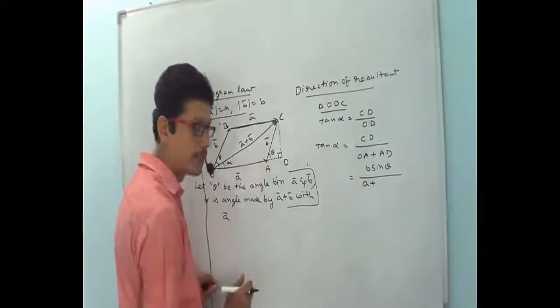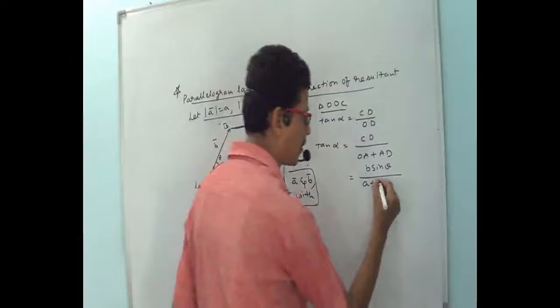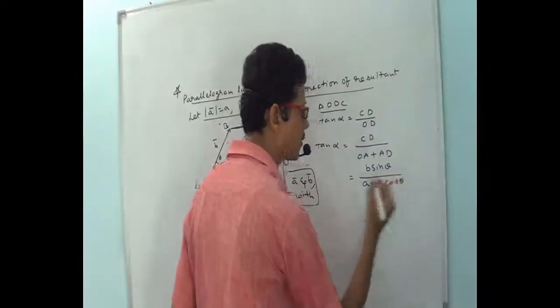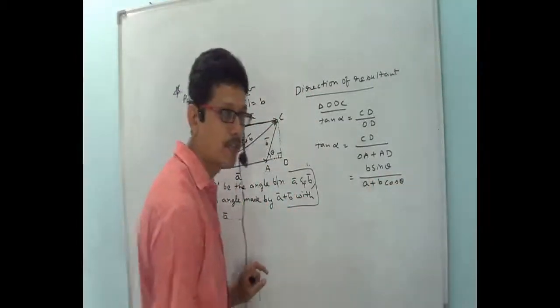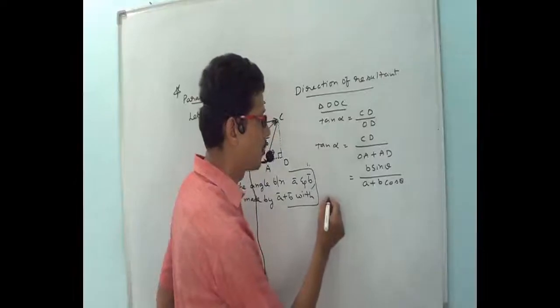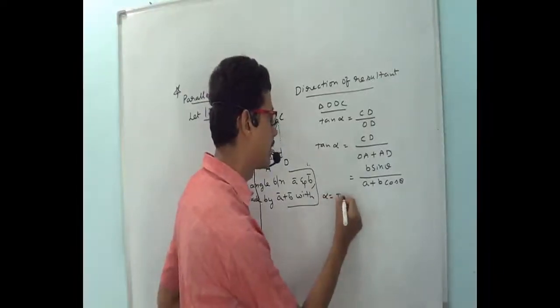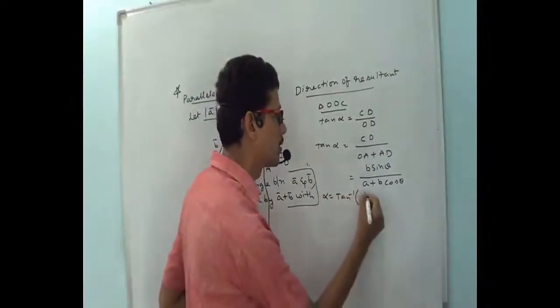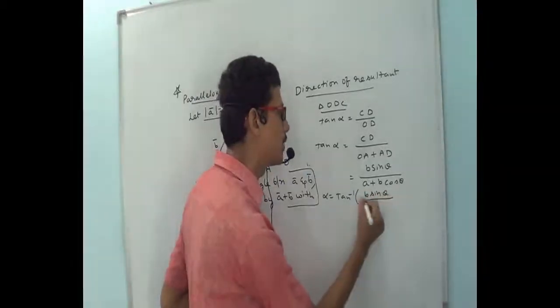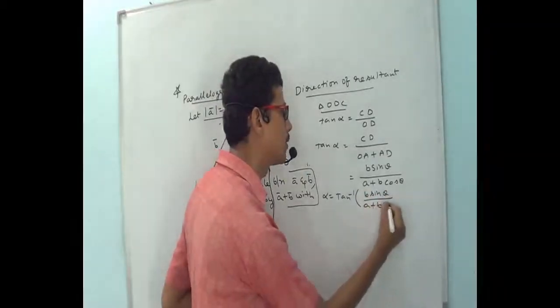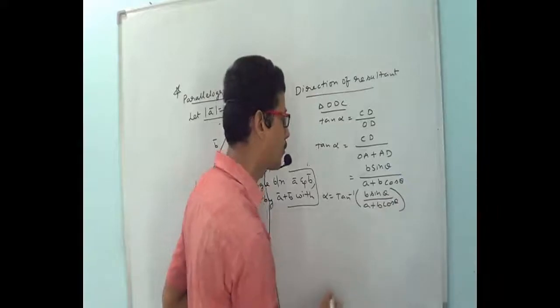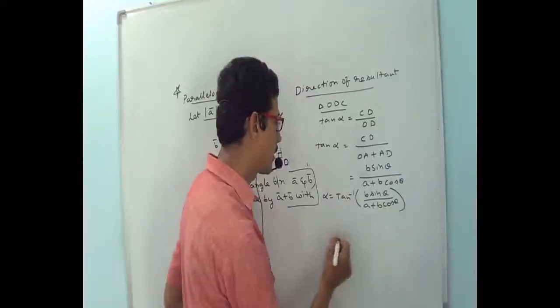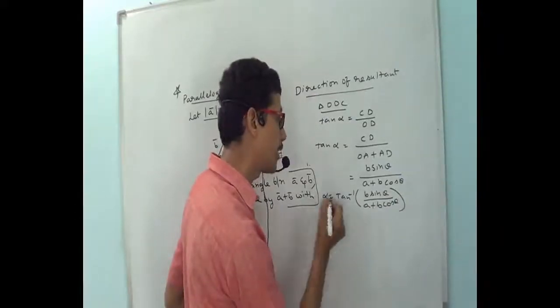AD is B cos theta. Then what is alpha? So alpha is tan inverse of B sin theta divided by A plus B cos theta. You have to remember this formula. This angle is made by the resultant with A bar.